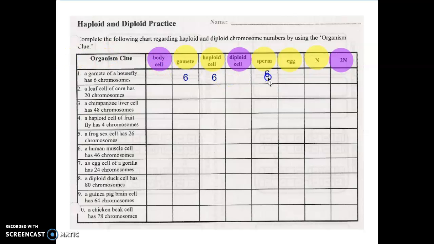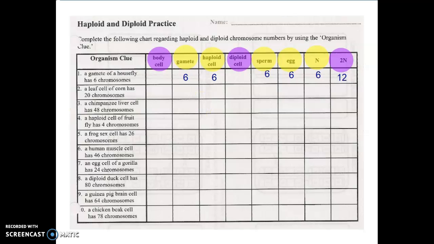A sperm would have 6 chromosomes. An egg would have 6 chromosomes. And the N would be 6. Okay, so then if you want help doing the math, 2 times N would be this number. So 2 times 6 would end up being 12.